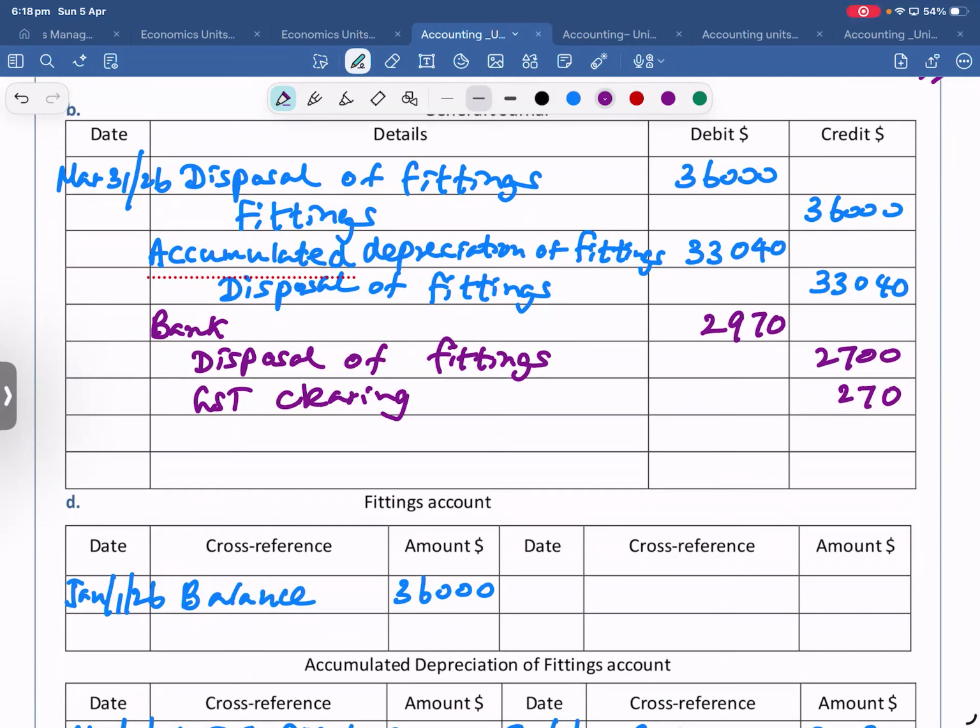How much is the cost of the fittings? 36,000. Is the cost accumulated? 33,040. So how much is the value of the fittings? 2960, which we calculated in part A. 2960 worth of something is sold for how much? 2,700. So that means 260 loss.